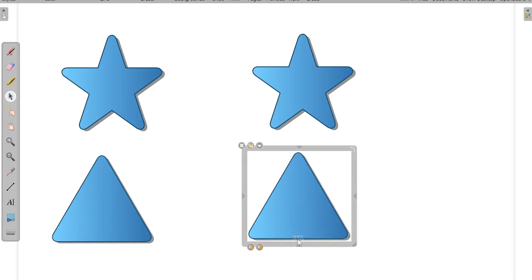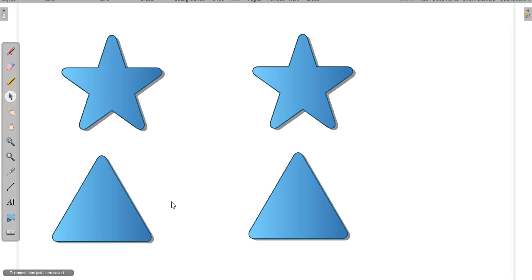Now the statement is, can we say two equilateral triangles are always congruent to each other? In this statement, the answer is no. Two equilateral triangles cannot always be congruent. They are congruent only under a special condition.